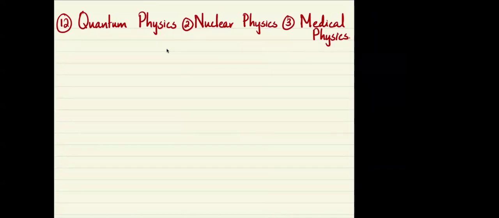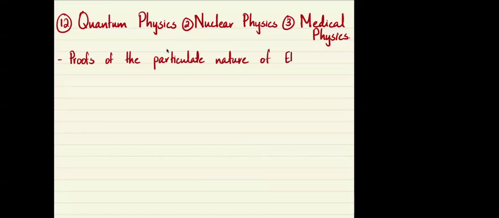This is obviously really important stuff, which is proofs of the particulate nature of EM radiation. This is also a question which is asked in exactly the same way: what are some proofs of the particulate nature of EM radiation? This is really important stuff here. And then you have all of that stuff following Einstein's equation, the graphs.